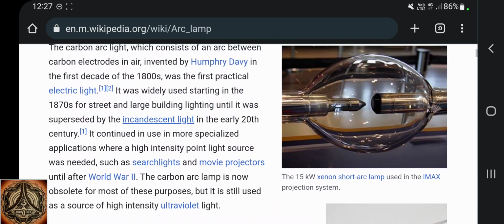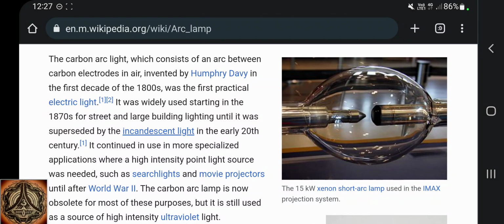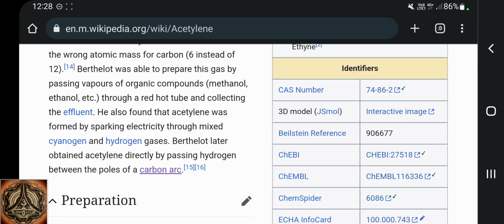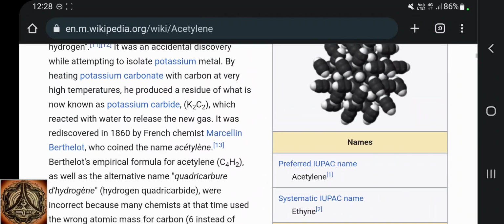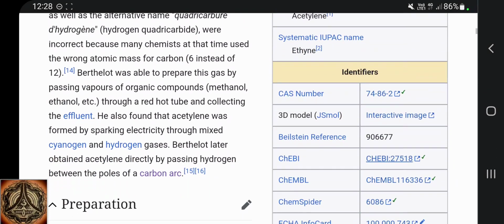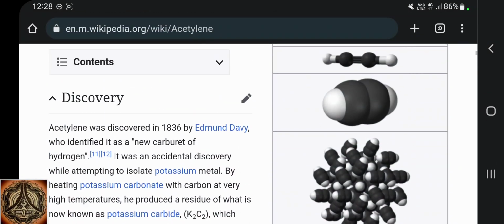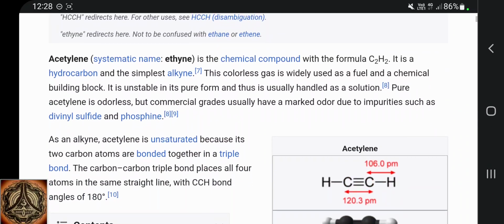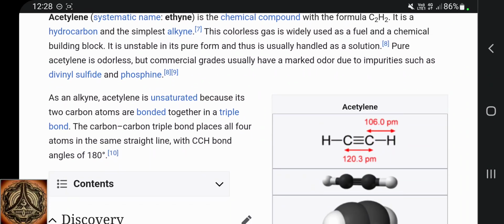So now we have plasma, and we have, where was it? Here. 180 degrees.